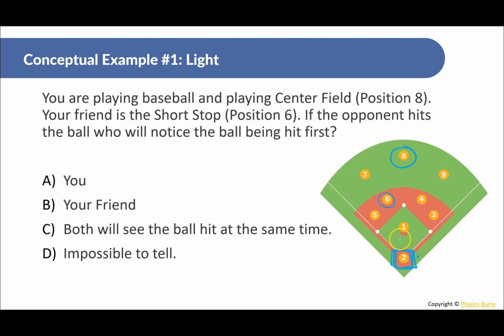Light travels very fast, but it's going to take a little bit of time for that information to come to the person at position 6 and the person at position 8. But since the person at position 6 is closer to where the ball was hit, they will notice the ball being hit faster than the person at position 8. So it's the person at position 6, which is your friend.